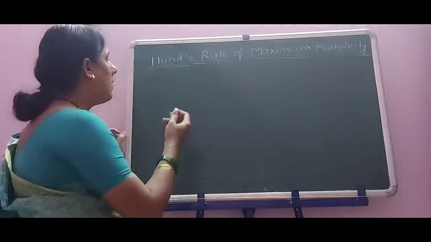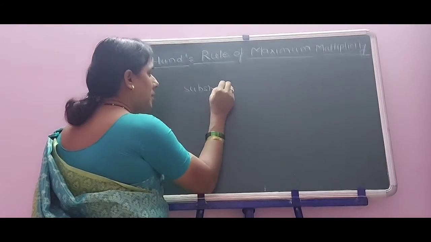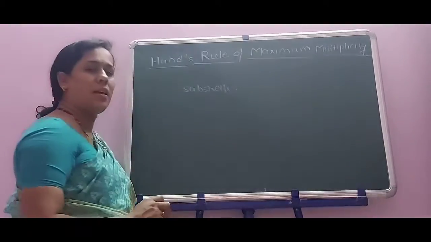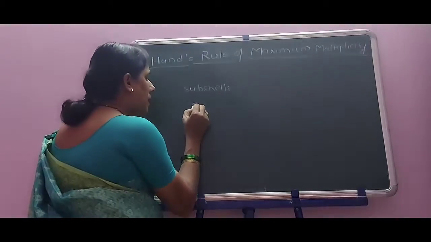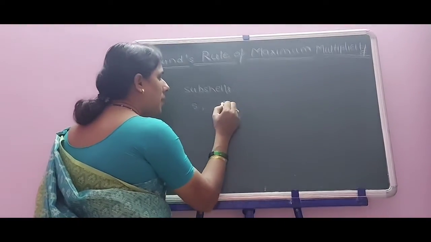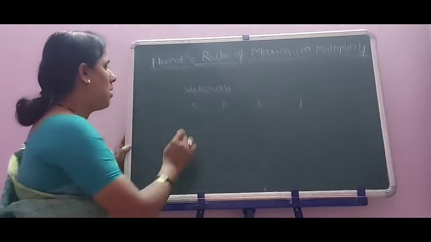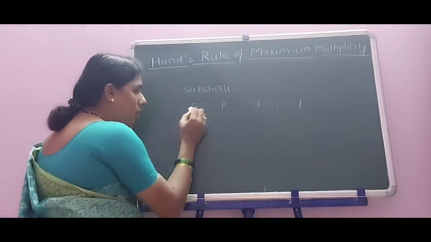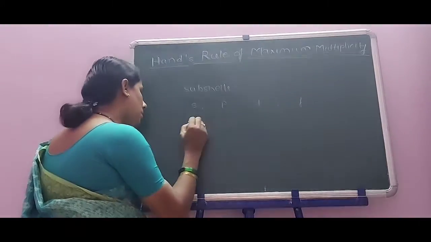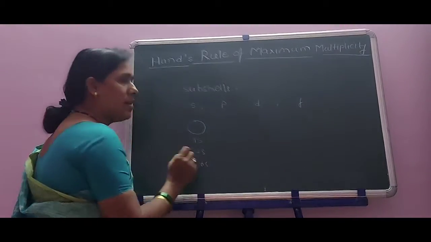Already you know the subshells. In an orbit, there are subshells. Subshells are denoted by small letters s, p, d, and f. Now, the s subshell is only of a circular shape. That is 1s, 2s, 3s, and so on.